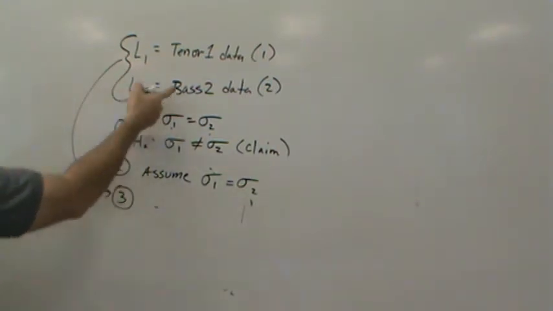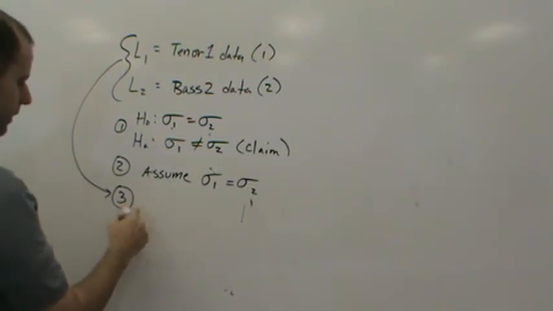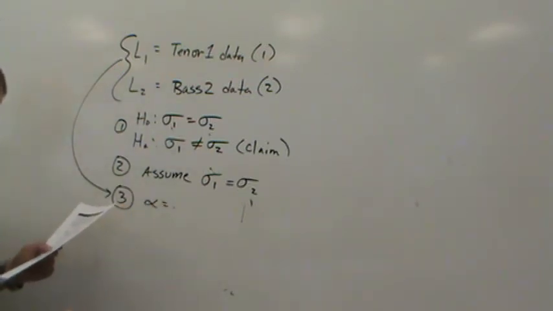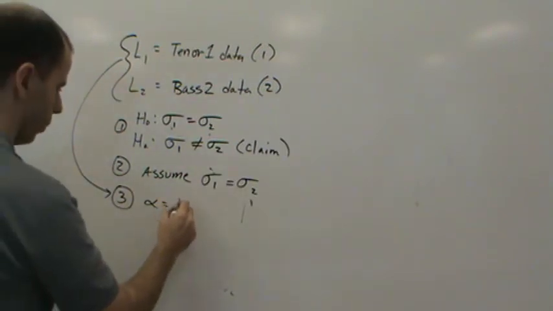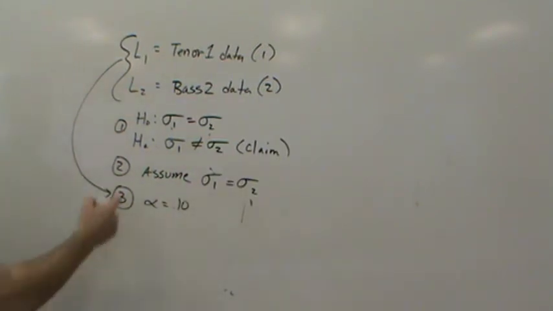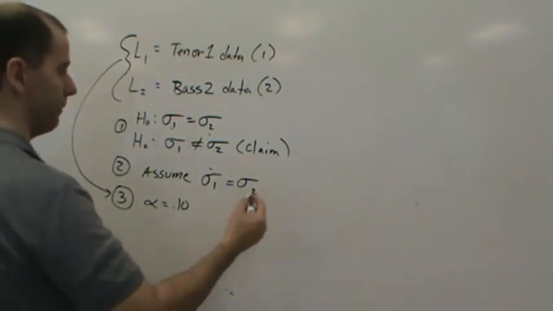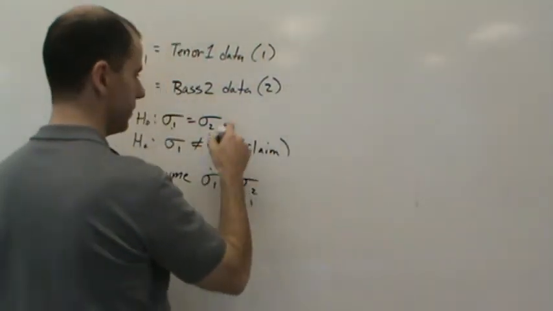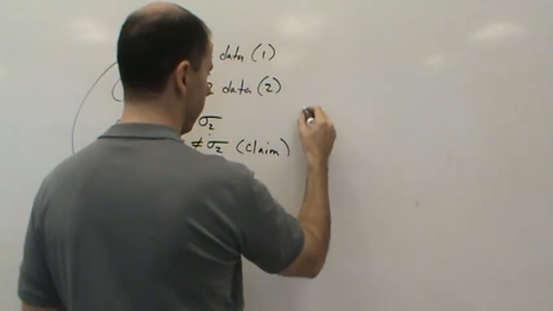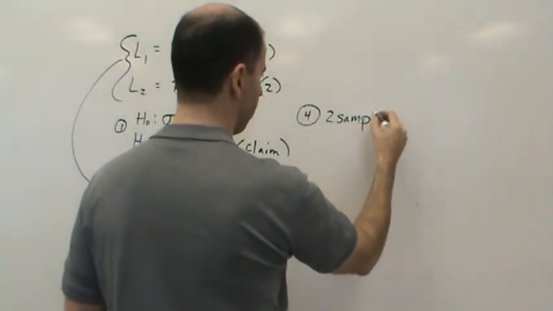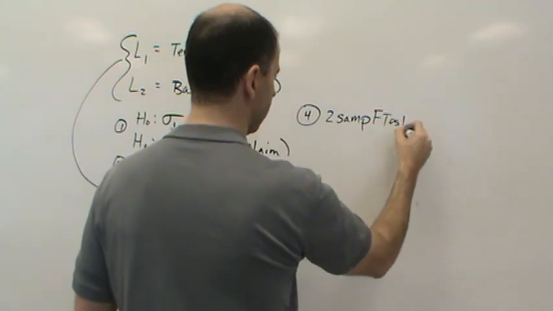I would put an arrow to 3, and then our alpha level is going to be 10% again, I believe. Yep, 0.10 again. Based on the data and on alpha level, we know we're going to do an F test because of the hypotheses. So step 4, again, is going to be a 2-sample F test.